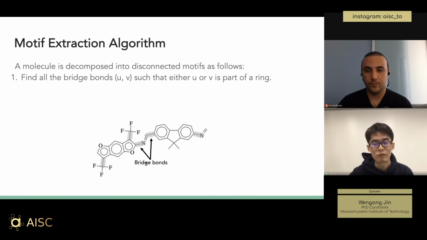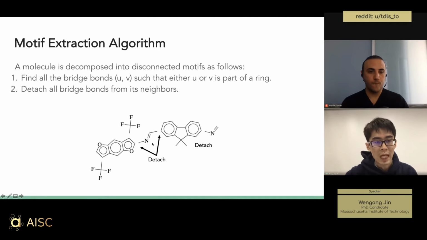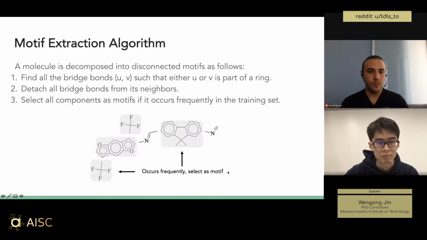So first, let me briefly talk about this motif extraction. What we did is quite simple. Given a molecule like this, I will first find all the bridge bonds like this, such that one of the atoms is part of a ring. I will detach these bridge bonds from their neighbors, so the molecule will be chopped into a set of disconnected components.